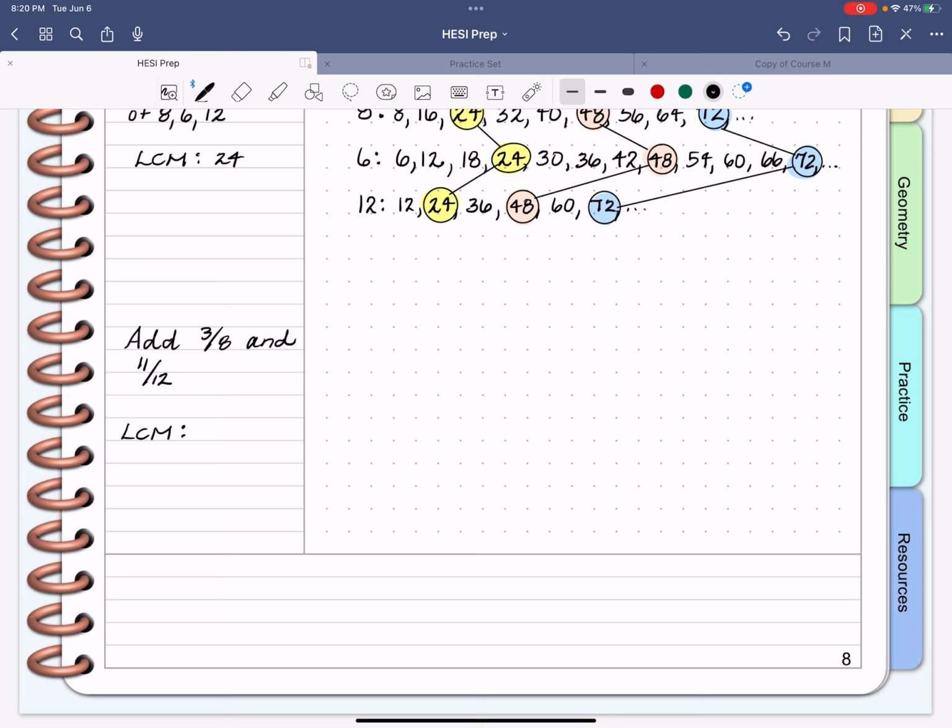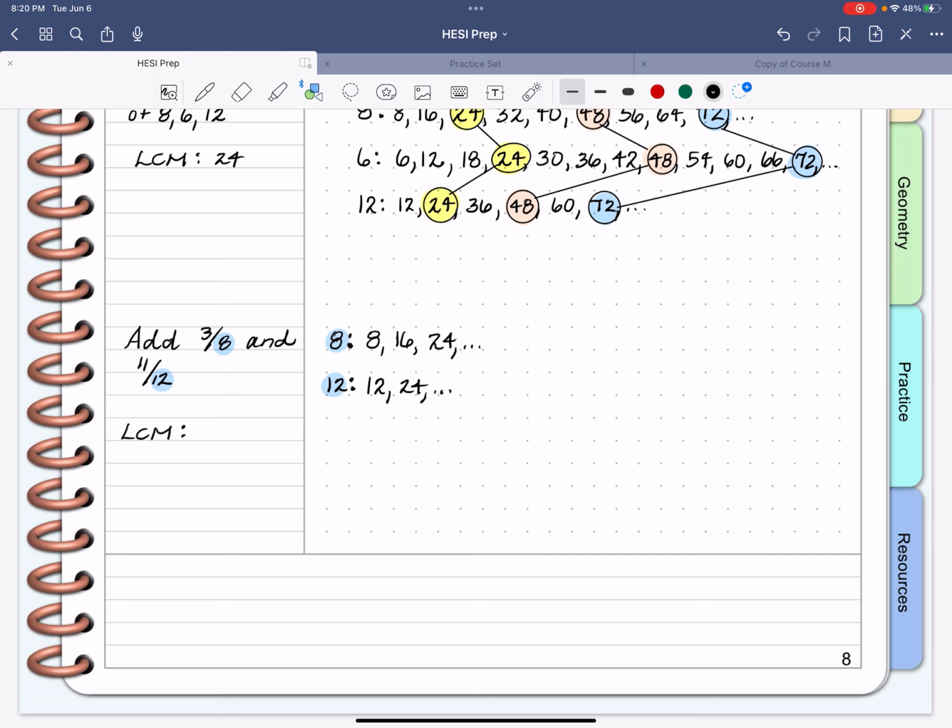So let's make the list for 8 and 12. And I'm getting those from the denominators. This 8 and this 12 are these numbers. Denominators on the bottom. Denominator is down, numerators on the top. So let's run the multiple list. I don't have to go far, because as soon as I get one that will work for both lines, I can stop.